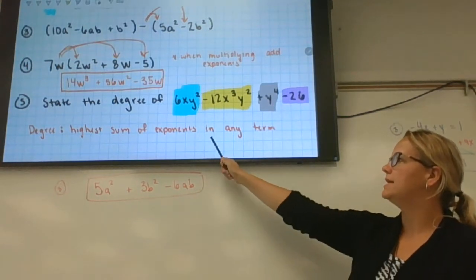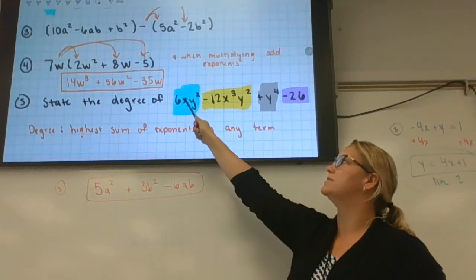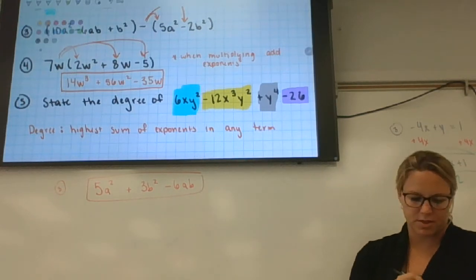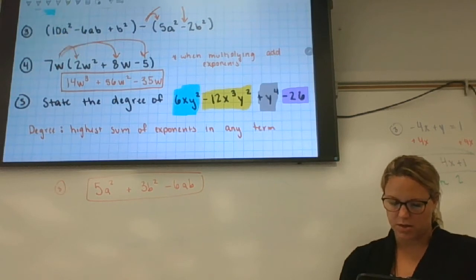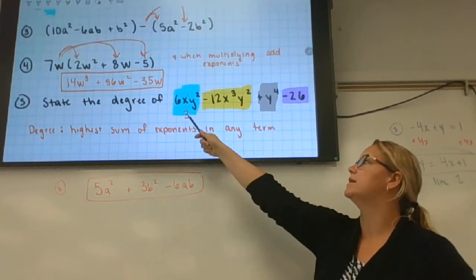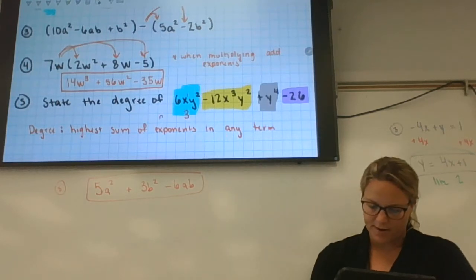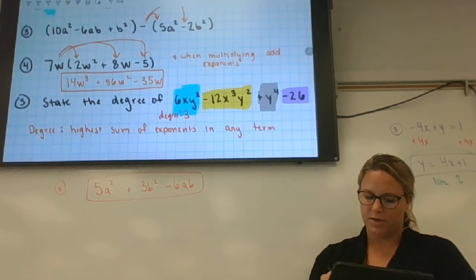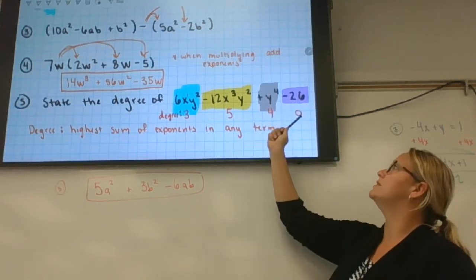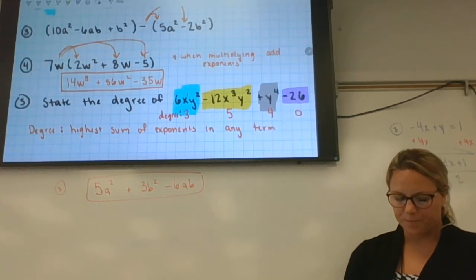So when you are asked to find a degree, you add exponents on the variables. So the degree in the first term is 3 because it's x to the first and y squared, making a degree 3. The degree in the yellow one would be 5, and then that would be 4, and the degree of this is 0 because there's no variable at all.